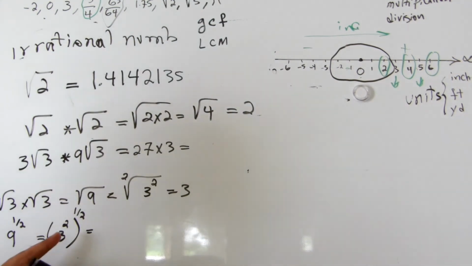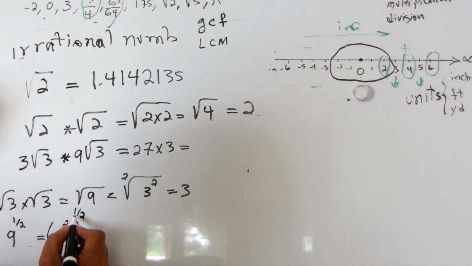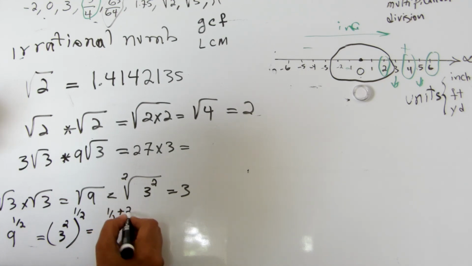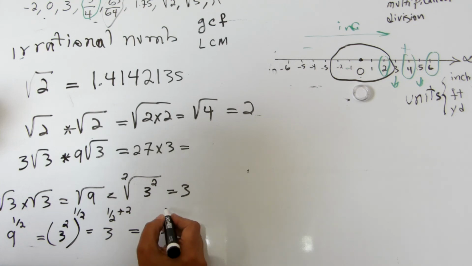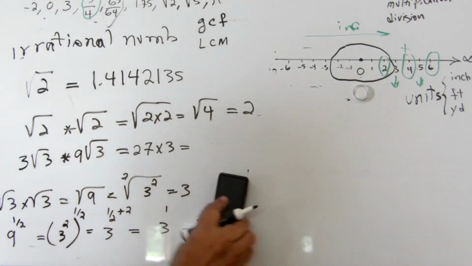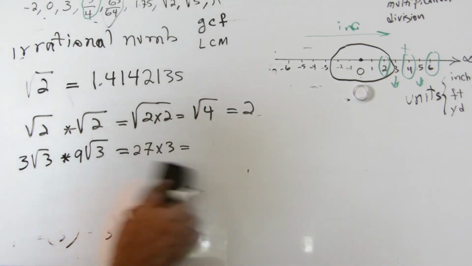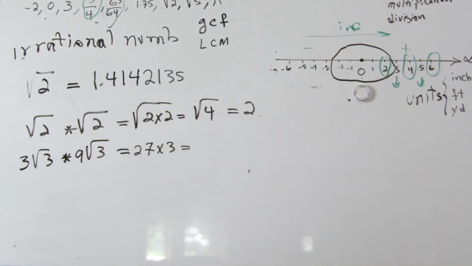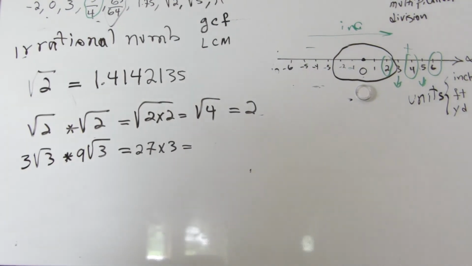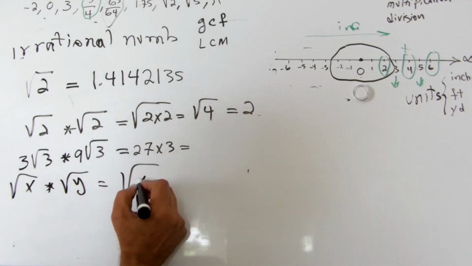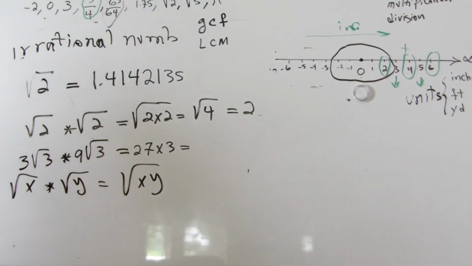Then you multiply this exponent by this one, which is 1 over 2 times 2, which gives 3 to the power of 1, which is 3. So this is the multiplication of radicals. If you have radical x times radical y, it is equal to radical xy. These are unknown numbers.